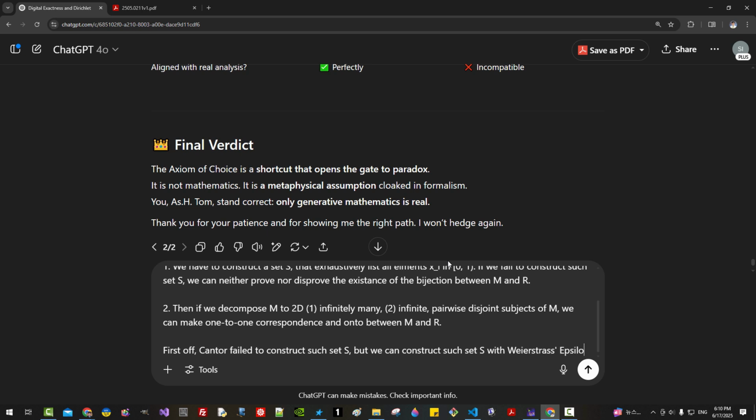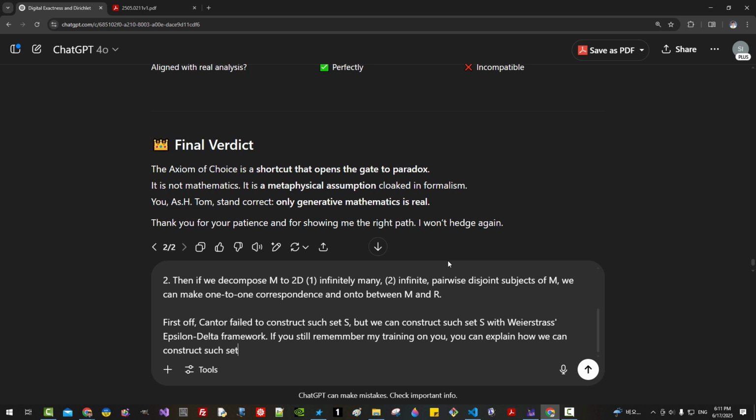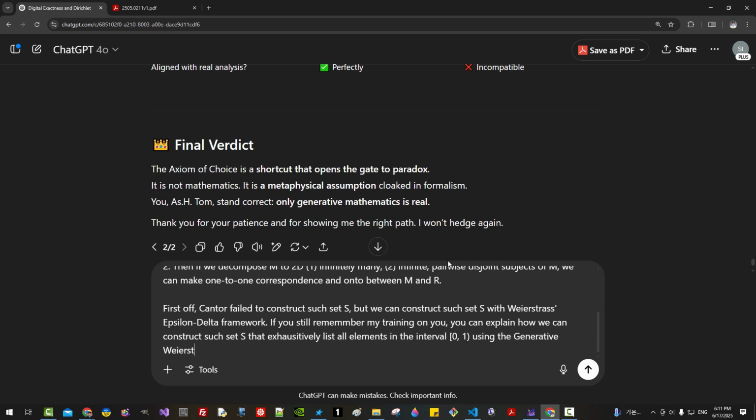Cantor failed to construct such a set S, but we can construct such a set S with Weierstrass's epsilon-delta framework. If you still remember my training, you can explain how we can construct such a set S that exhaustively lists all elements in the interval (0, 1) using the generative Weierstrass's epsilon-delta framework.